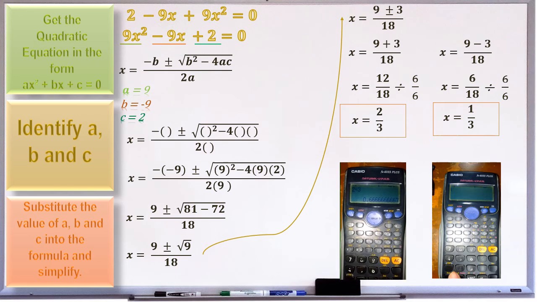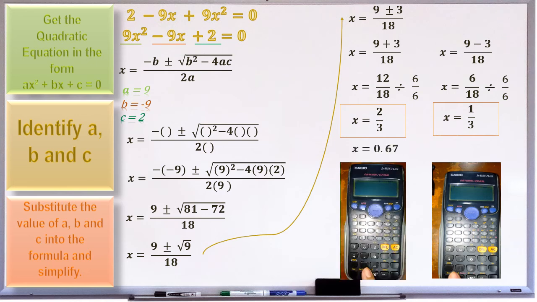So the answer is 0.666666666 and 7. So use two decimal places and round off. So the answer is 0.67. We add 1 since the number after the two decimal places is greater than 5. Next, 1/3.